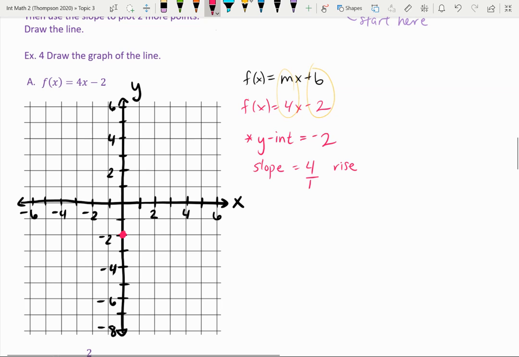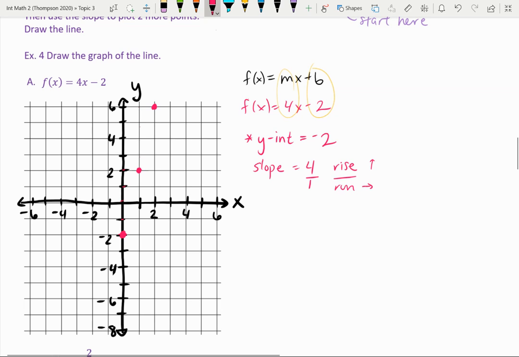So I rise positive 4, that's going to be up, and I run positive 1, that's going to be right. So I go up 4 from my y-intercept. So up 1, 2, 3, 4, and over 2. Oops, I'm sorry, over 1. 4 over 1. And then up 1, 2, 3, 4 over 1.